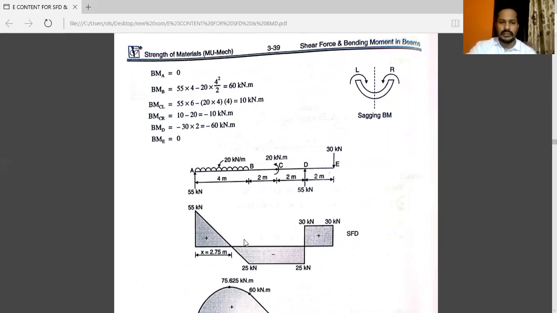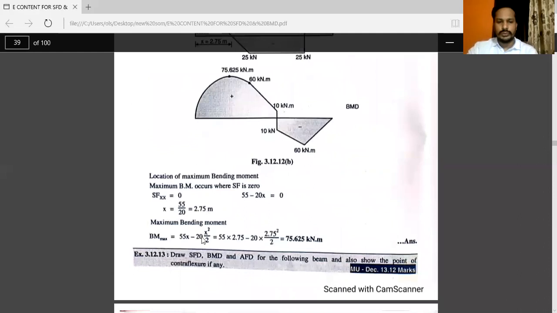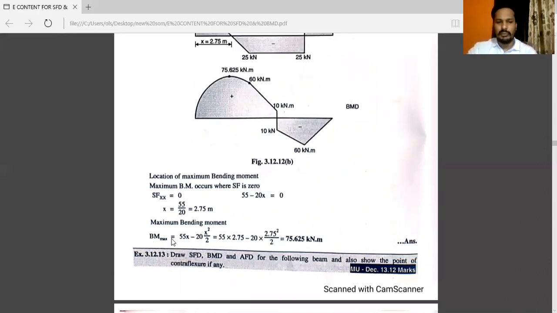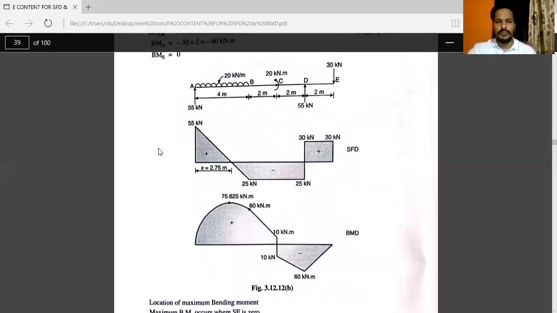So by taking this x is equal to 2.75, you can calculate the bending moment, that is 55 into x minus 20 into x by 2. Here we have the value of x. You will get the maximum bending moment, that is 75.725 kilonewton into meter. It's a very simple problem.